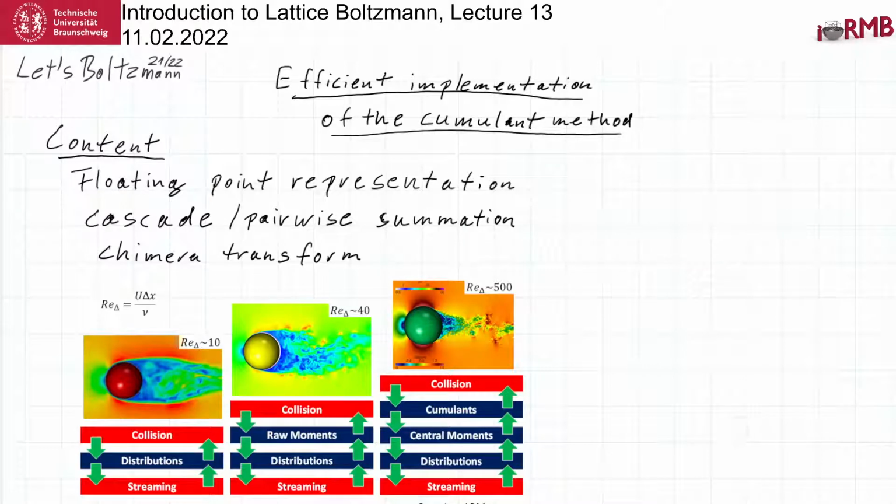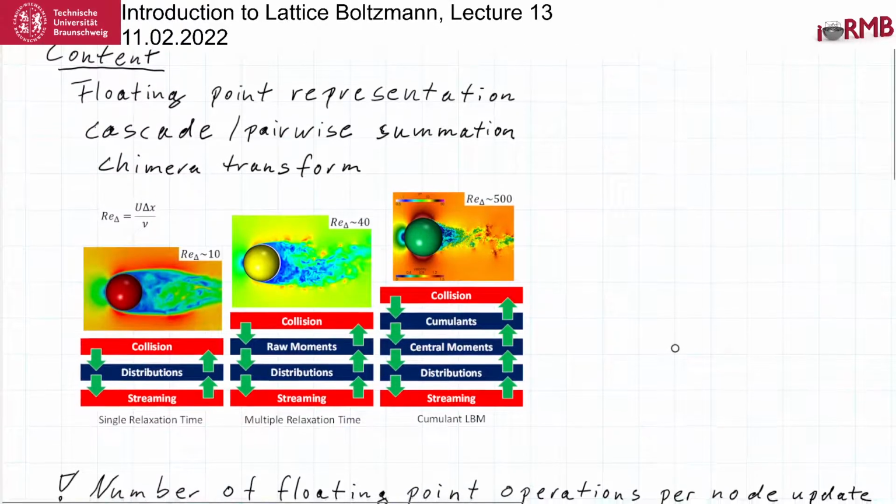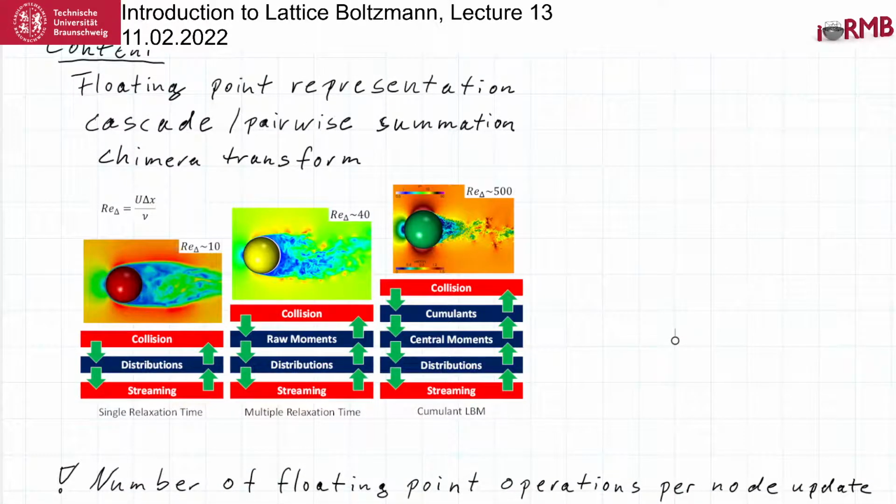So I'm probably not making enough advertisement for what the Lattice Boltzmann methods in general and the cumulant method in particular can do.